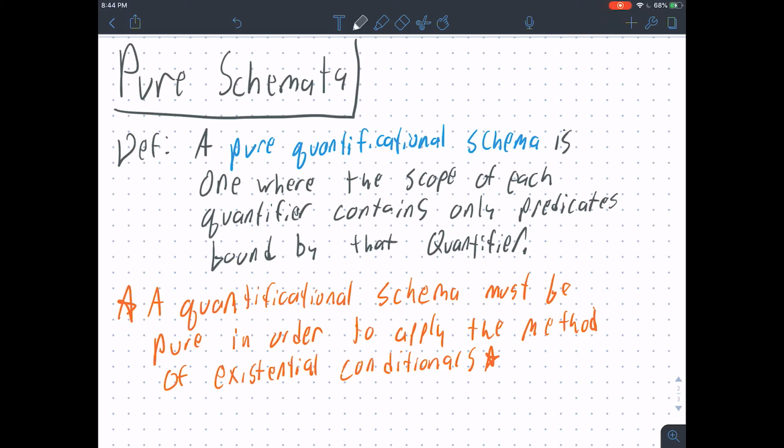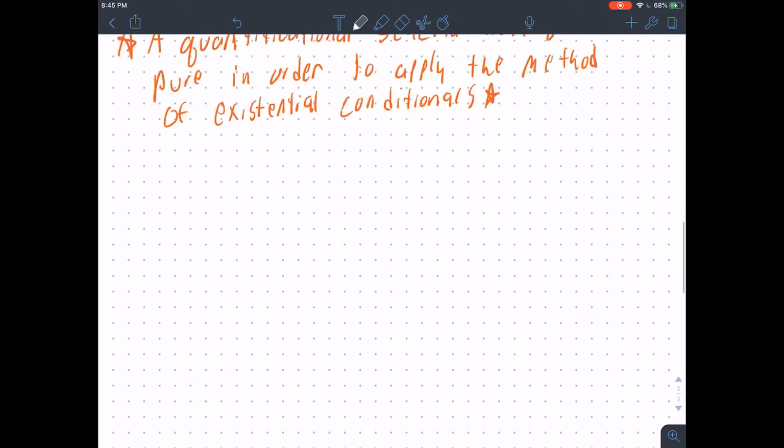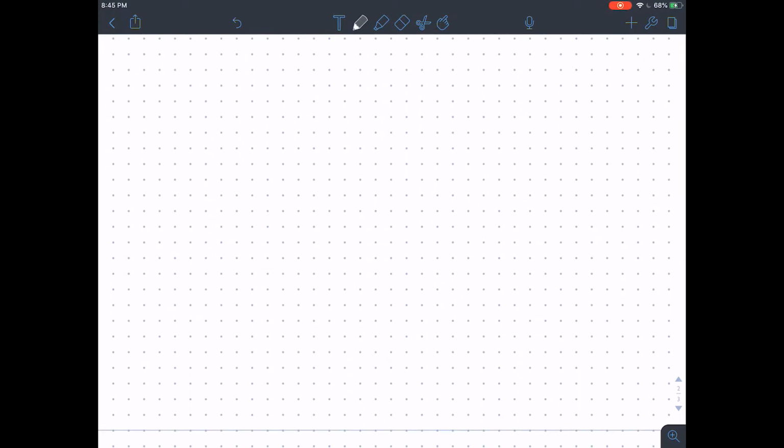The reason we would want to convert to this is because a quantificational schema must be pure in order to apply the method of existential conditionals. I'm not just going to give you that definition; I'm going to show you some examples. Everything I'm going to write here is a pure schema.